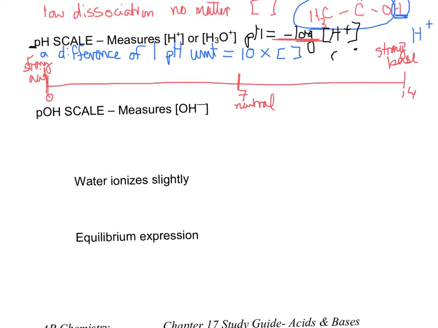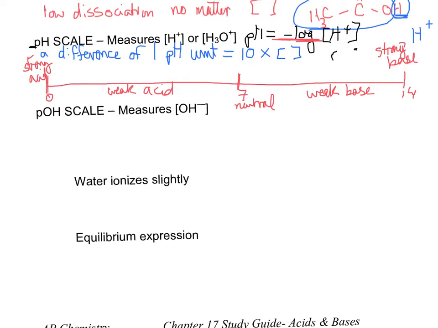Something that's between 0 and 7 is probably either a weak acid or a strong acid at a very low concentration. Something that's between 7 and 14 is probably a weak base or a strong base with a very, very low concentration.